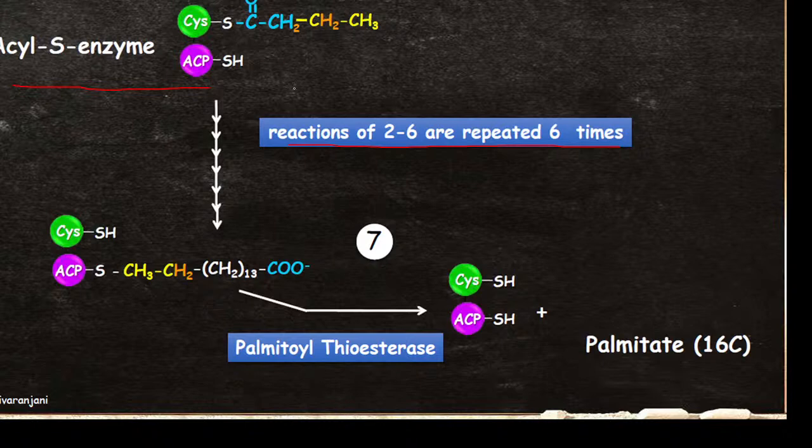Again it is transferred, and these steps 2 to 6 are repeated until a 16-carbon fatty acid, palmitic acid or palmitate, is formed. The palmitate attached to the fatty acid synthase enzyme is released by the action of palmitoyl thioesterase.